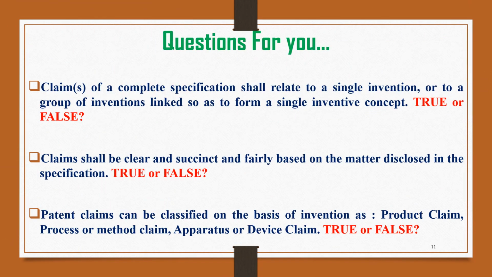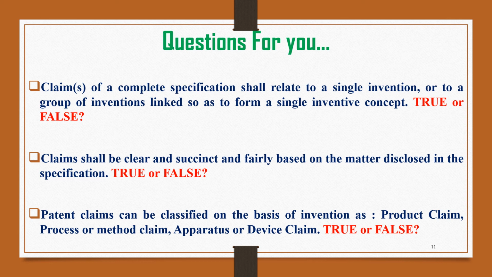Now comes the most awaited slide for this lecture because this slide has questions for you. Question number 1. Claim or claims of a complete specification shall relate to a single invention or to a group of inventions linked so as to form a single inventive concept. Is this statement true or false? Question number 2.